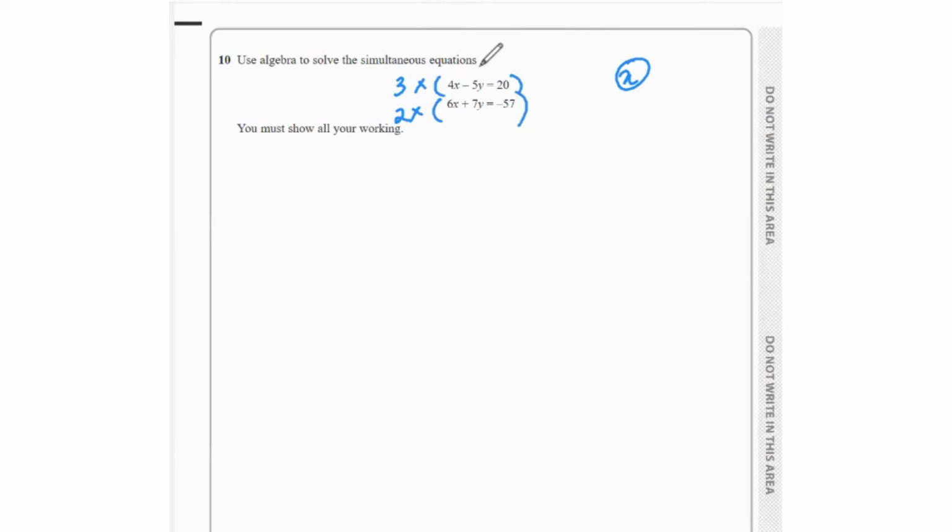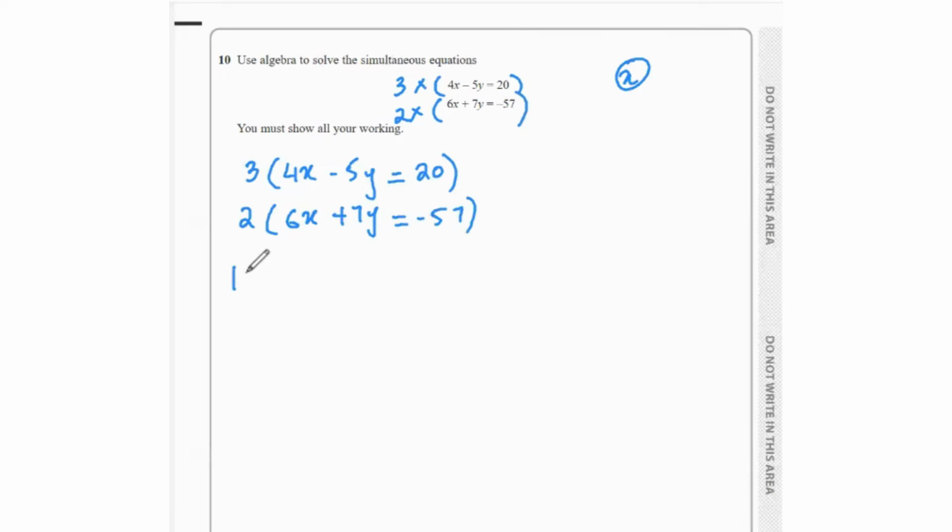That's also fine. You can pick any number as long as the coefficients come out the same. But it's always advised to go for a simpler number so that your calculation is simpler and less time consuming. So 3 times 4x minus 5y equals 20, and 2 times 6x plus 7y equals negative 57.